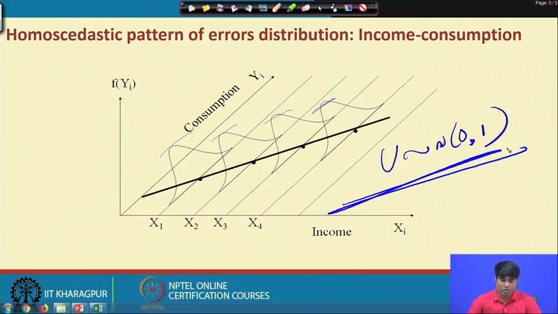That means the parameters will have a large variance and large standard errors, and as a result the significance of the particular parameters and variables will be affected. The model will go against the specification test and goodness of fit test, and the overall reliability of the model will be affected, so we cannot use this model for the decision making process. This is the simple understanding in the first instance.